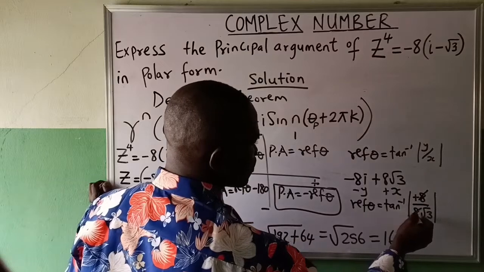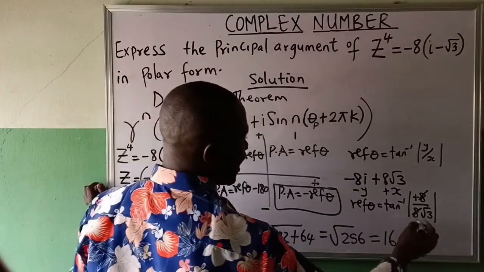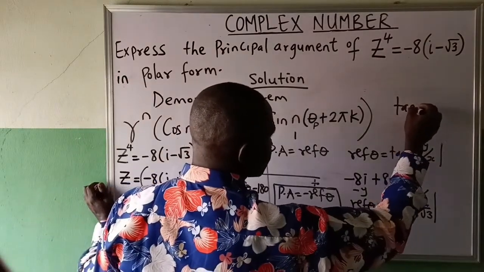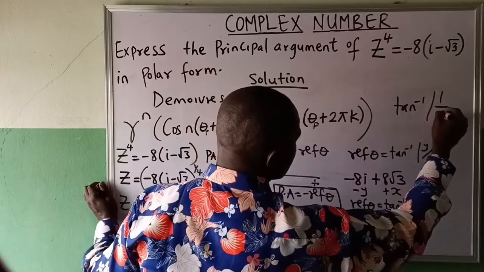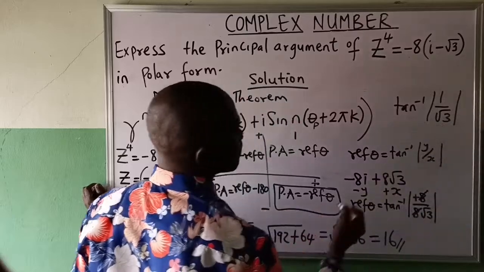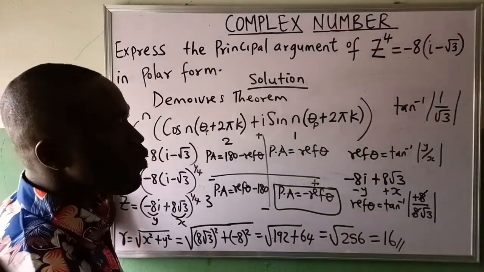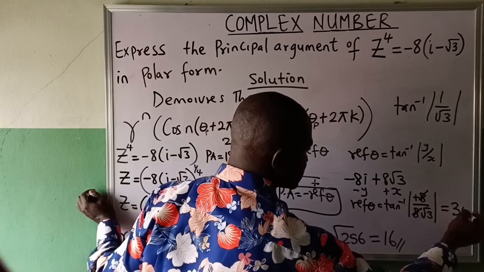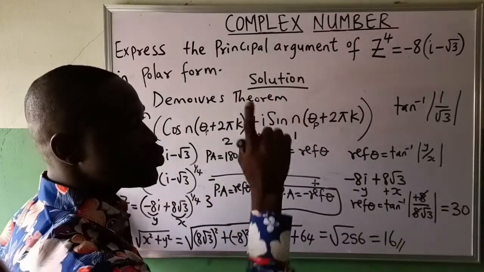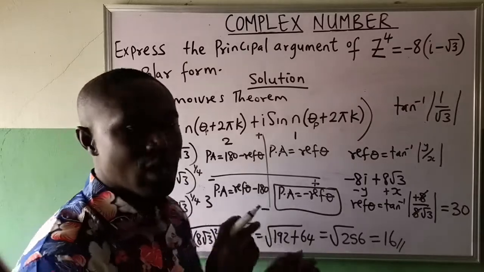This cancels this and will give you 1. So we'll have tan inverse of 1 over root 3. Tan inverse of 1 over root 3 is equal to 30, because tan 30 is 1 over root 3. Just press your calculator.